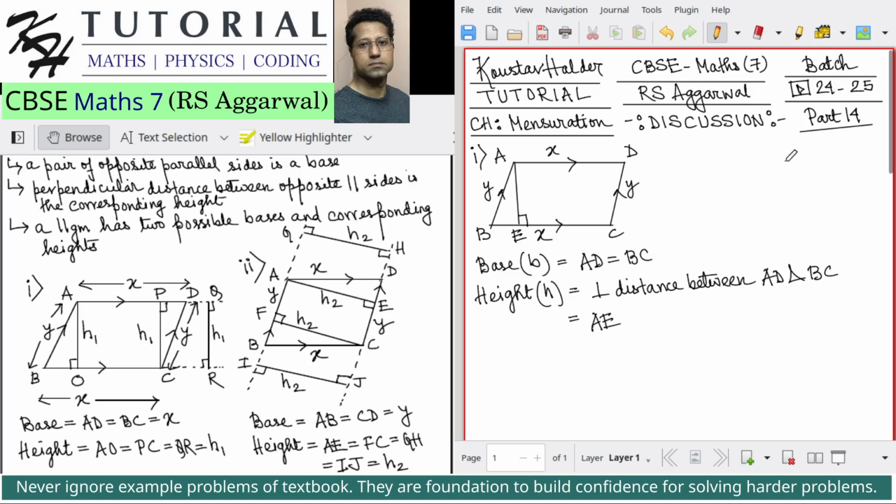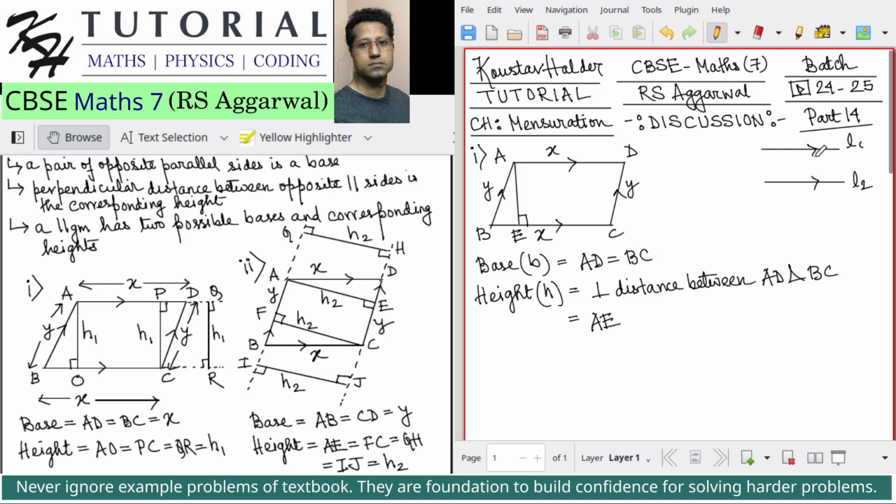Now one concept you must know: when we have two parallel lines, let's say L1 and L2, how do we measure the perpendicular distance between these two parallel lines?